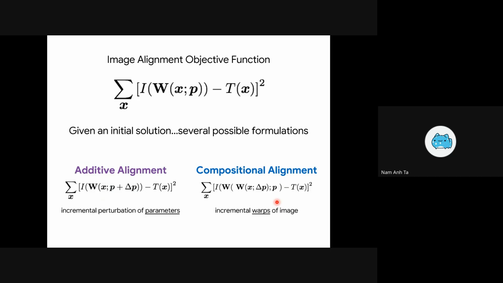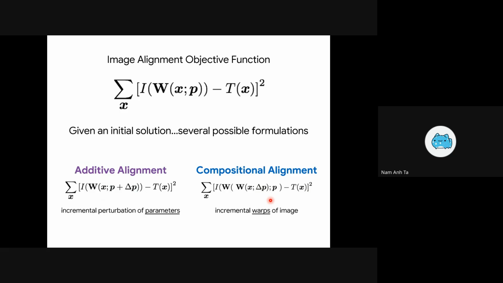While the additive approach adds the parameter directly, this method has a different starting point. It will apply the update to the image geometric warp. We will first apply a warp of delta p to the image and then apply a second warp using the old parameters p to compose a new result.